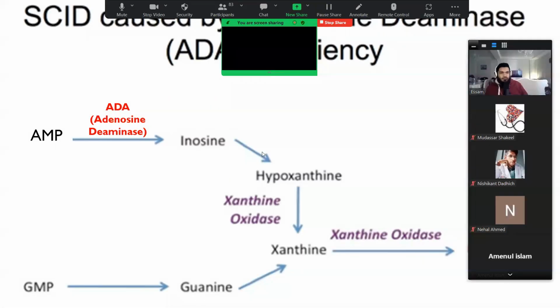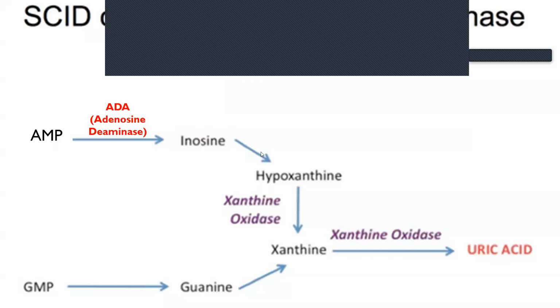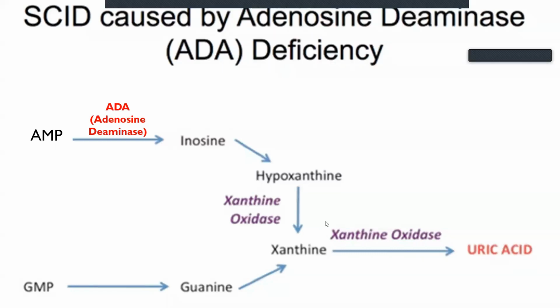Let's continue. So we were talking about severe combined immunodeficiency. What is the cause of this disease? Adenosine deaminase is an enzyme, and its deficiency causes SCID. This adenosine deaminase converts AMP to inosine. We haven't seen this reaction yet, the conversion from AMP to inosine, but this also happens in the body.